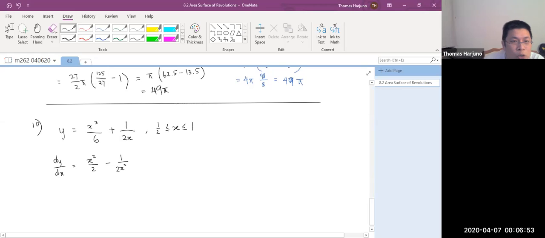I think for this one you want to use the area of the shell, which is 2 pi y ds, where ds is the square root of 1 plus (dy/dx) squared.